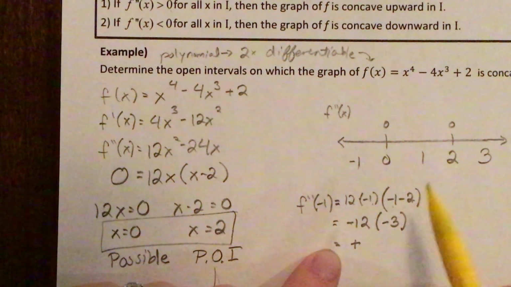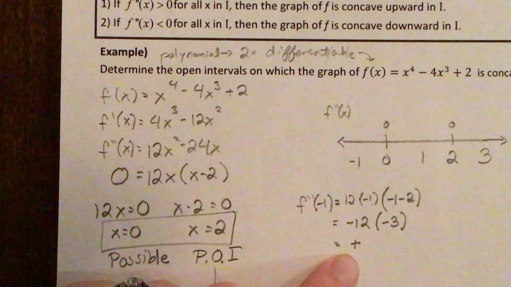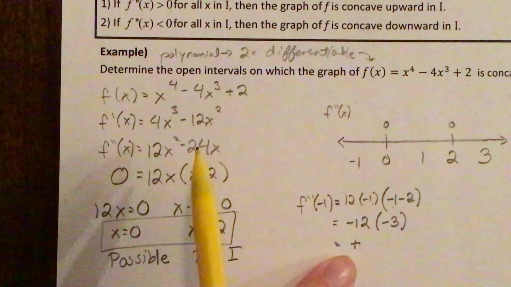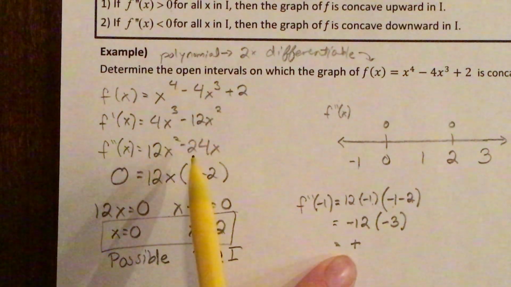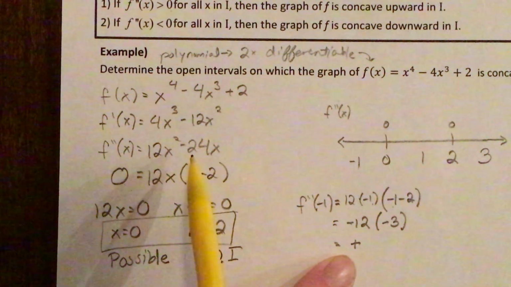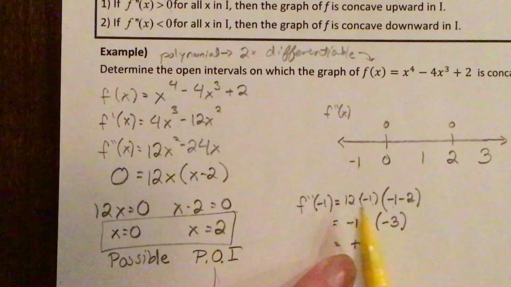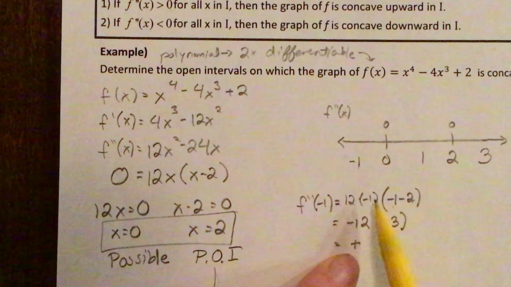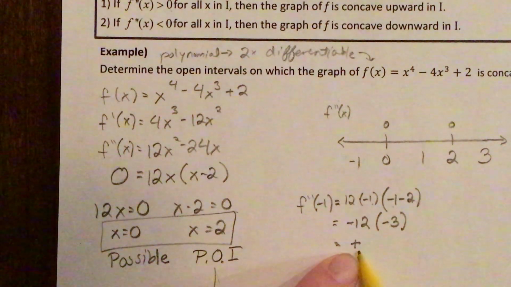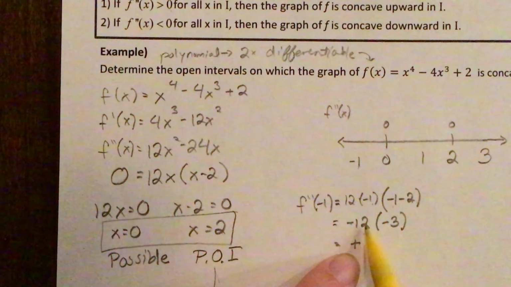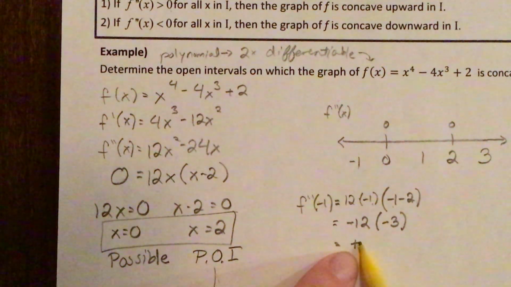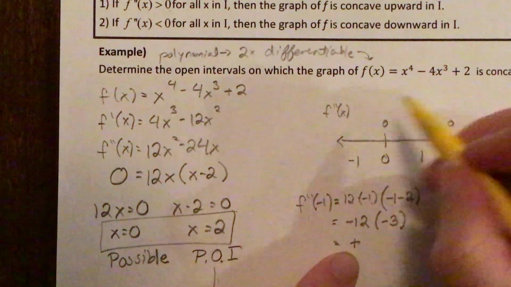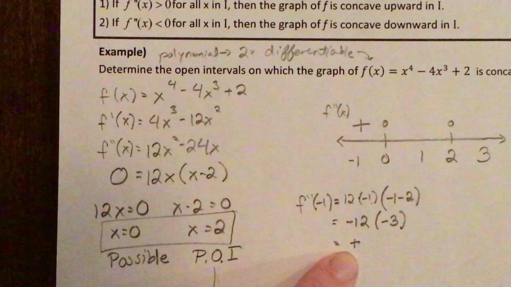So once you turn this into factors, all you care about is whether those factors are positive or negative. It saves you from having to add and subtract with big numbers to figure out positives and negatives. You're multiplying together factors that are positive and negative. Positive times negative is negative, and then negative times negative is positive. We'll do this again for some practice. So we know that f double prime of -1 is positive.